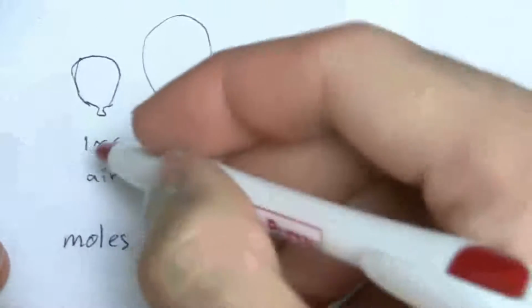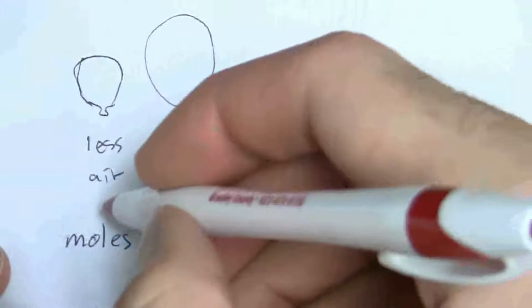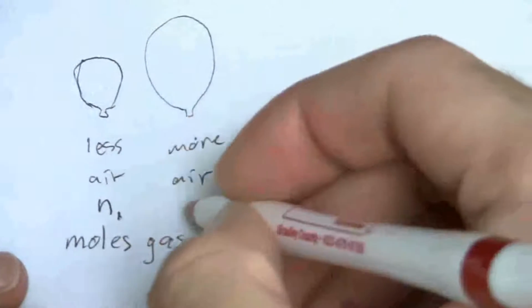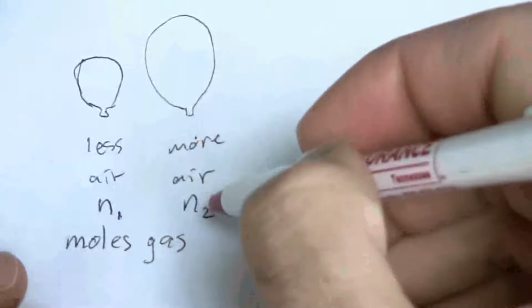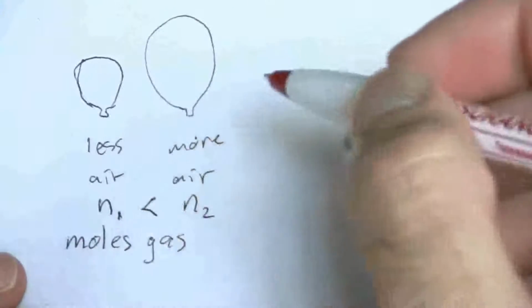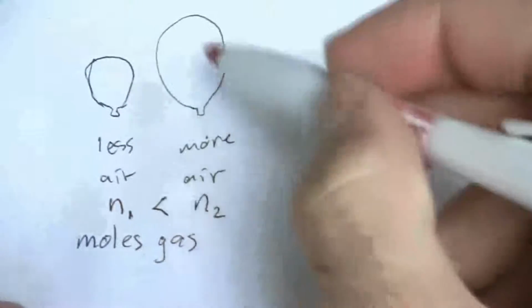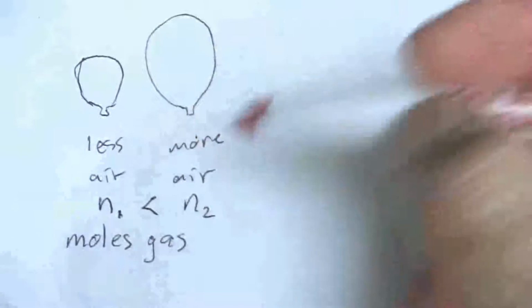We have fewer moles, and moles we represent with the letter N. So here I have N1, N2. I am increasing my moles, so my initial condition has fewer moles than my final condition. I've inflated that balloon.